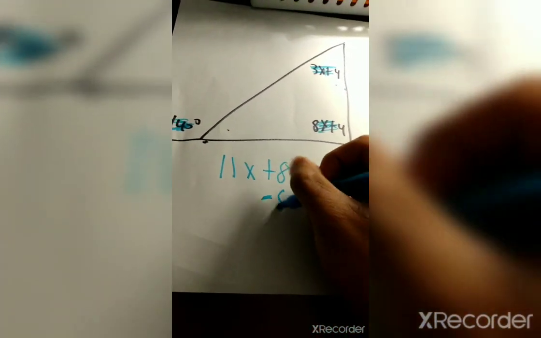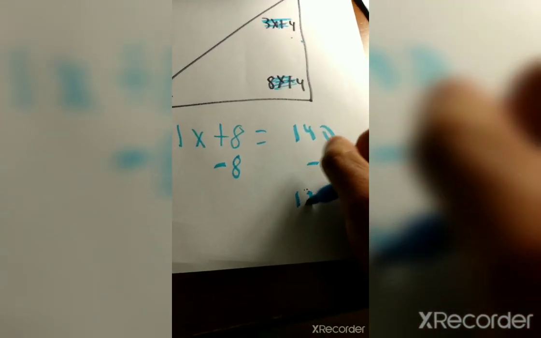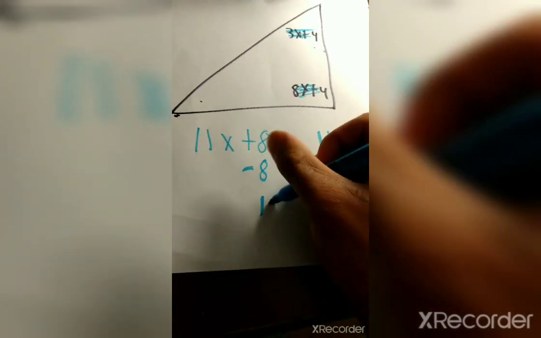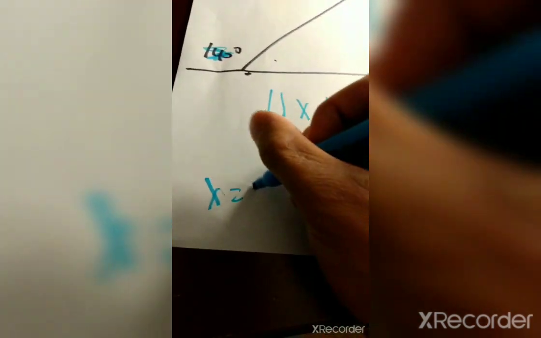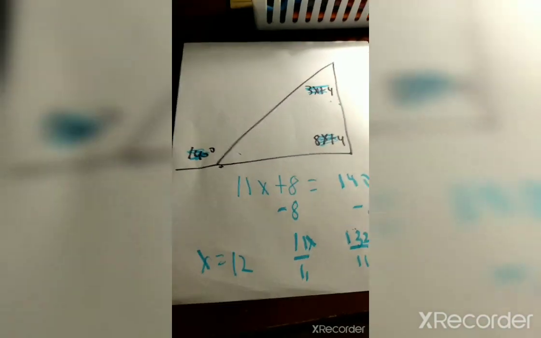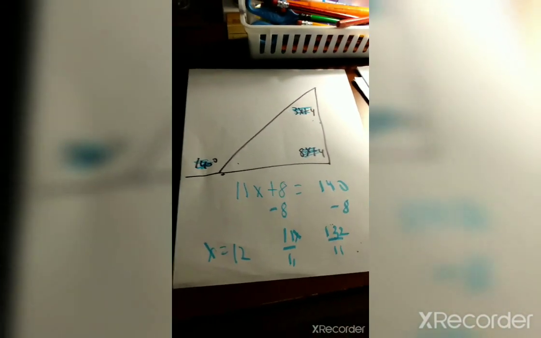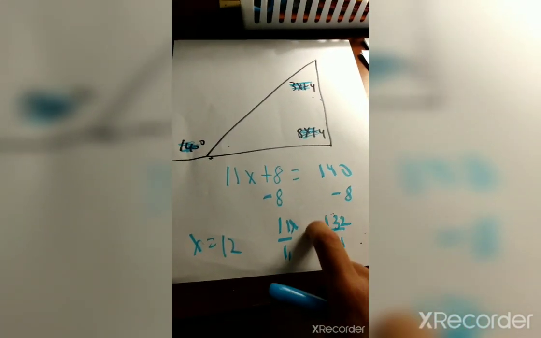If we subtract 8 from both sides, we get 132. So 11x equals 132, we divide by 11, and x equals 12. So we got to our answer at supersonic speeds. That is a fast way and a shortcut to solving this problem.